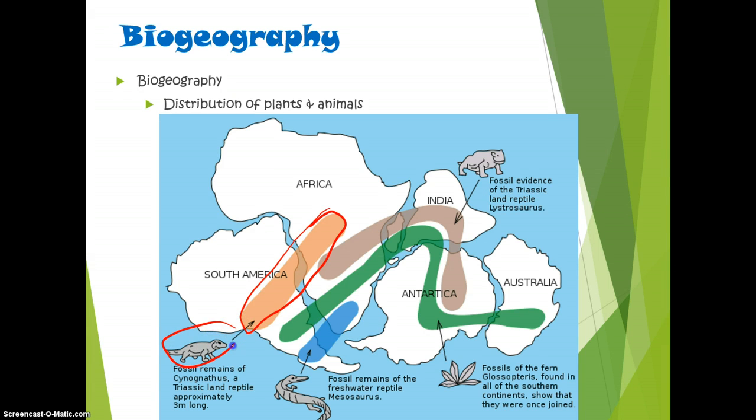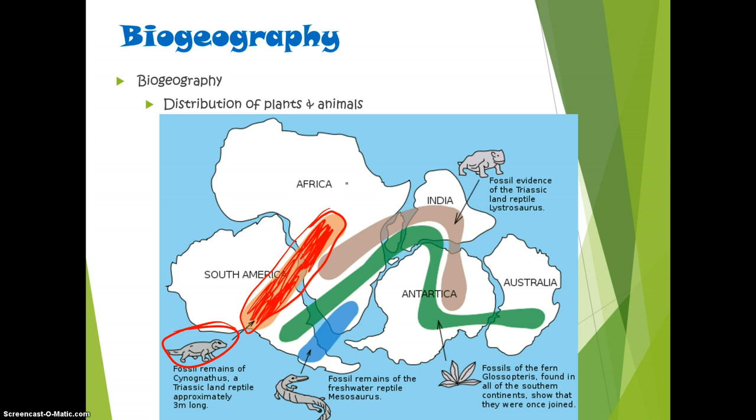So if you take a look down here, we have this little fossil guy, the fossil of the Cyananthus. Cyananthus was a Triassic land animal, which means he was not a swimmer. That's supported by the fact that we find fossils of Cyananthus in South America, but we also find them in this region in Africa, which makes sense if the continents were the way they are shown in this picture.